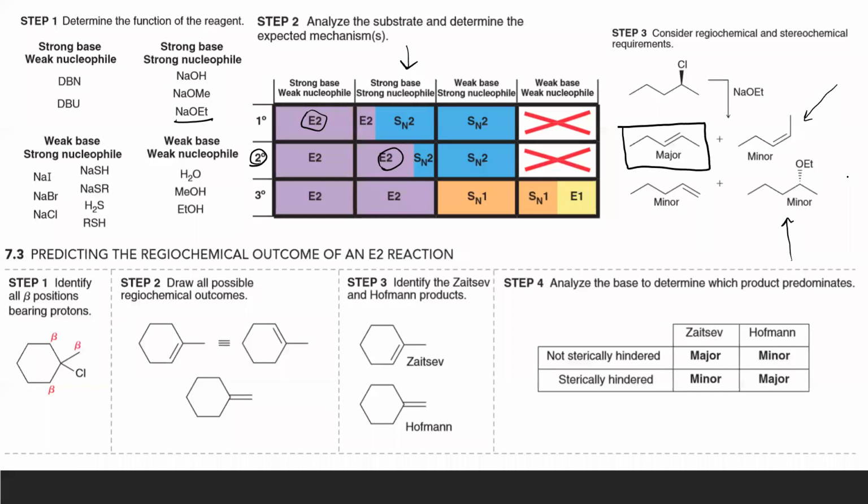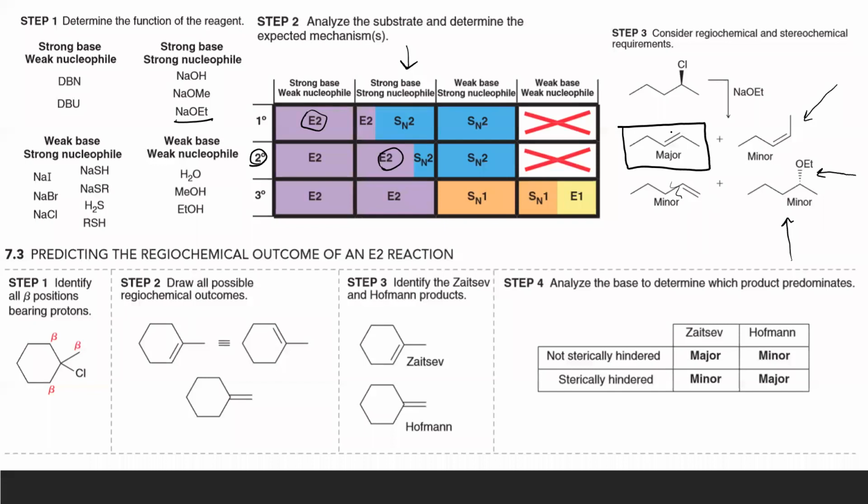One of the kind of big things that should stick out to you is the inversion of stereochemistry. So you know that there was an SN2 process that occurred between the starting material and to afford your final product there. And then also you get some of this minor Hoffman product, which is again going to be a minor product because it's mono-substituted.